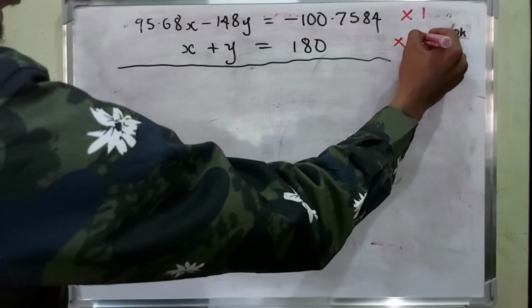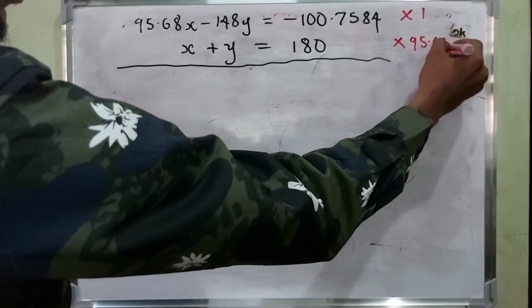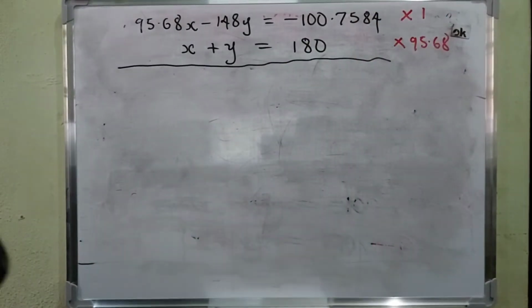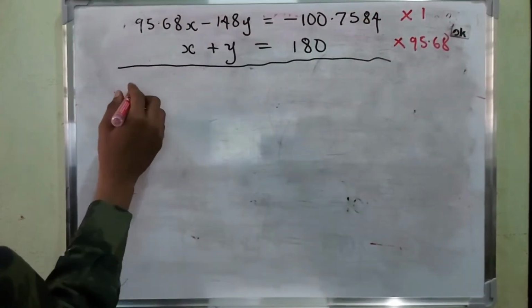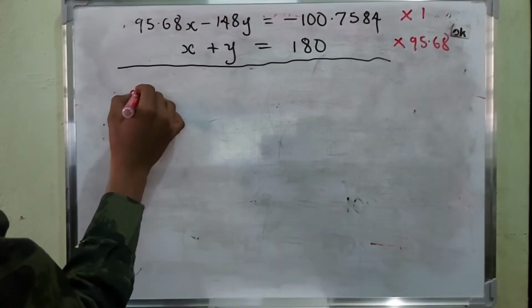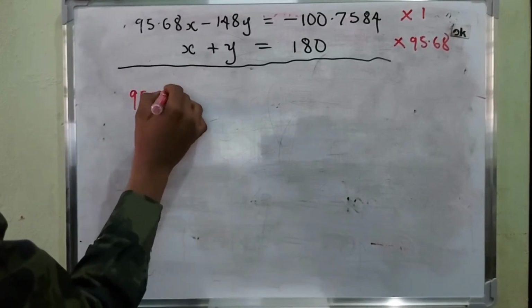95.68. That way I should be able to easily eliminate the variable x to find the variable y. So 1 multiplied by the whole of this expression will still give the same expression. So I still have 95.68x.